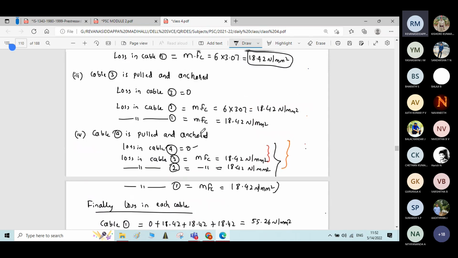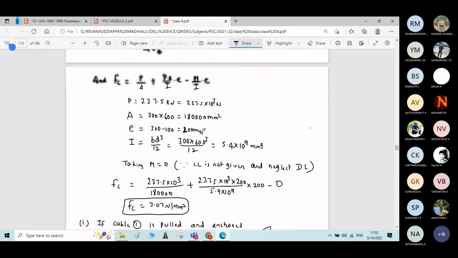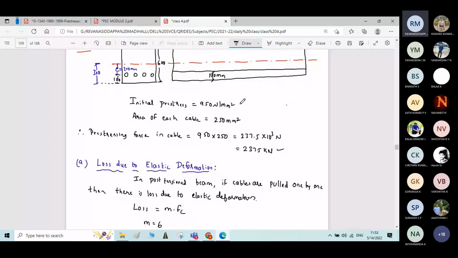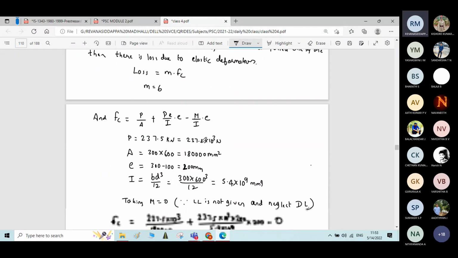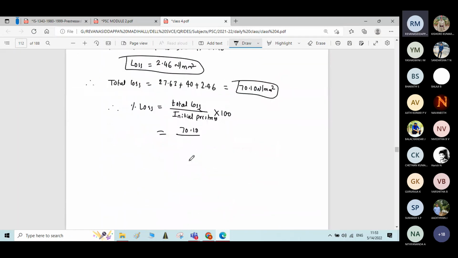Initial pre-stress is 950 Newton per mm square, divided by 950 into 100.